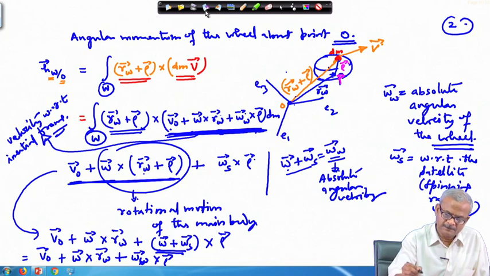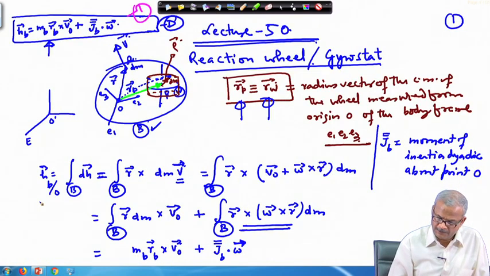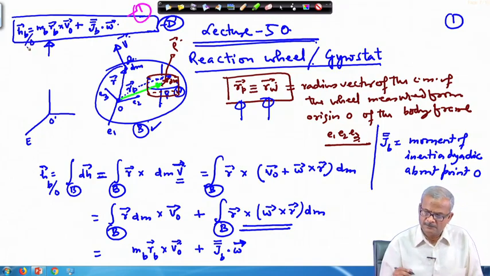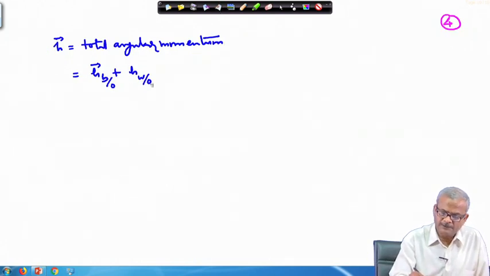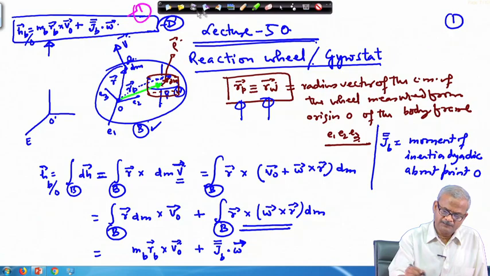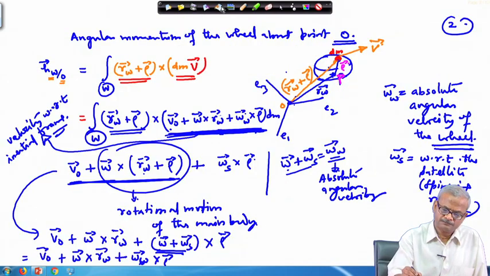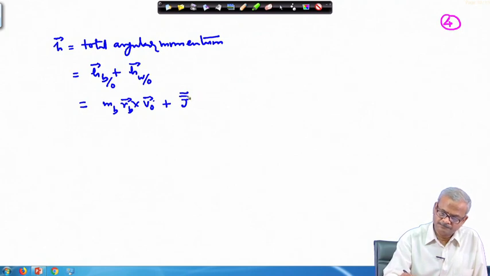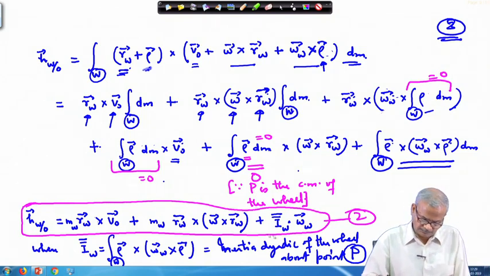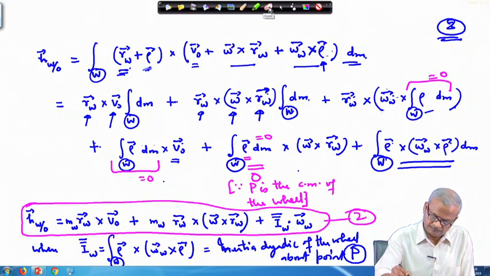So, maybe we can go back and put this point O. This is also about the point O, and this is about the point O, and also the wheel about the point O. So, this is the total angular momentum, we just need to add that, and then put all these quantities here: M_B R_B cross V_0 plus J double bar here.